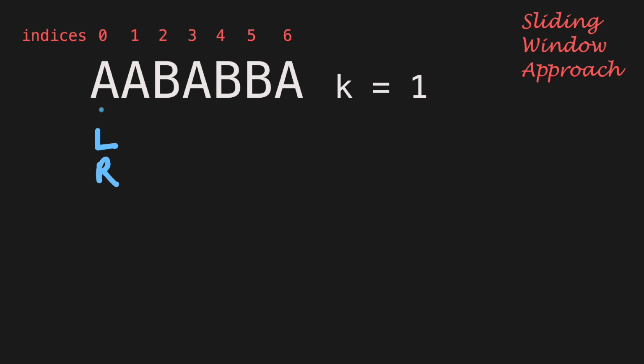But programmatically, to check if the window is valid, that is, it is either homogeneous or can be made homogeneous, we can keep track of a frequency map as introduced in the naive solution, with a small change: since we are only dealing with 26 uppercase English letters, instead of a frequency map we can use a frequency array, which will hold the frequencies or counts of characters in the current window.